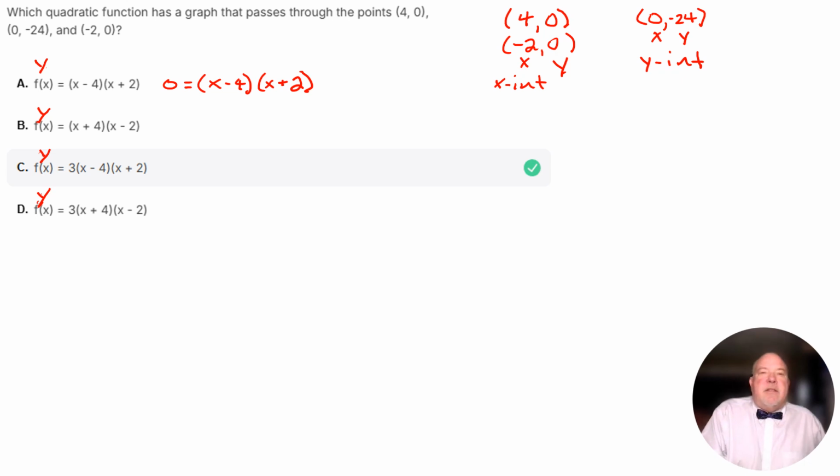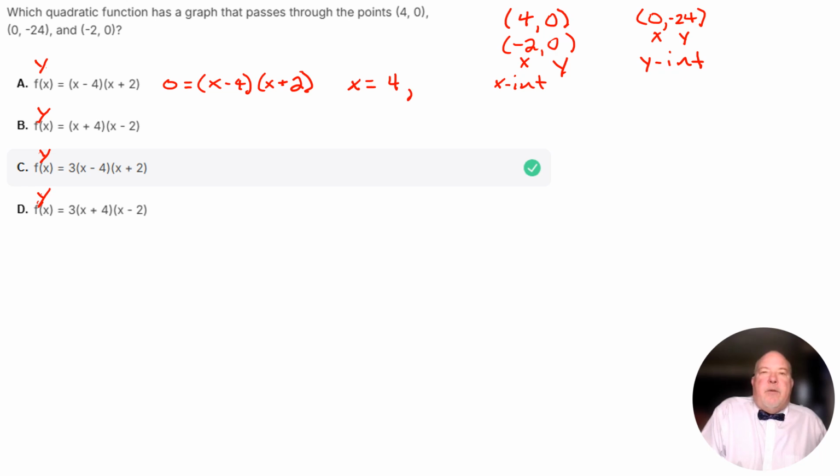Hopefully you can see that for the first term, x equal to 4 would make it 0, because it's x minus 4, and 4 minus 4 gives you 0.